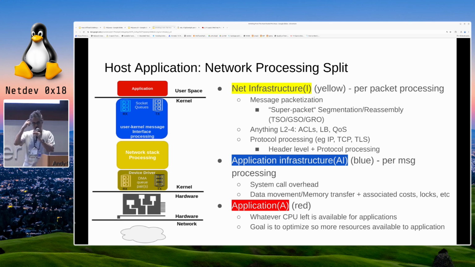So things like TSO, GRO would still be considered as infrastructure. They fit in the boundary between yellow and blue. But anything that's layer 2, layer 3 to 4, like ACLs or load balancing or QoS or just header processing, parsing, etc., that still fits in the yellow. And the red is application. So the end goal is to provide as much red as possible and cut down the other ones.